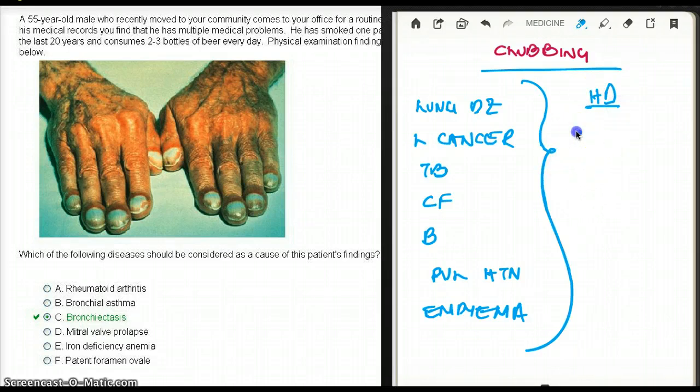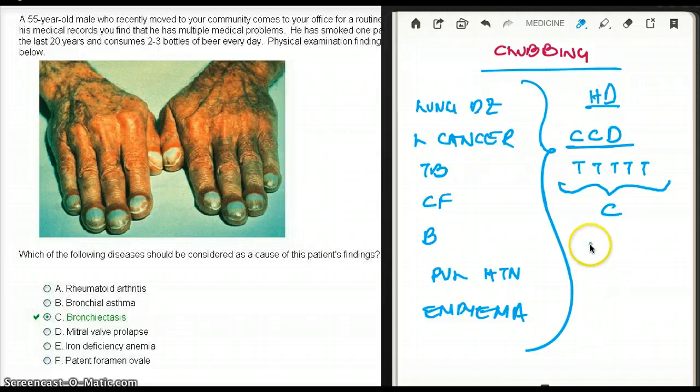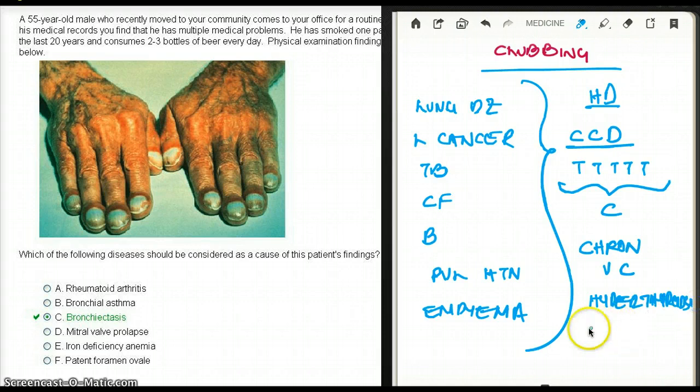Any of the congenital cyanotic diseases with the 5 T's are also going to cause clubbing. Okay, and then there are the miscellaneous diseases which cause clubbing, for example the inflammatory diseases such as Crohn's, ulcerative colitis, hyperthyroidism, and malabsorption. Okay, so this is the thing.